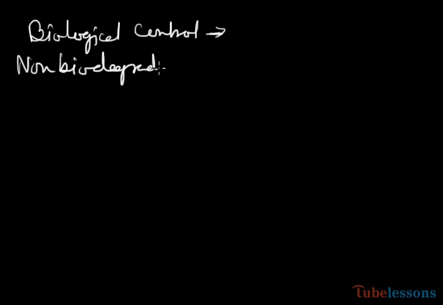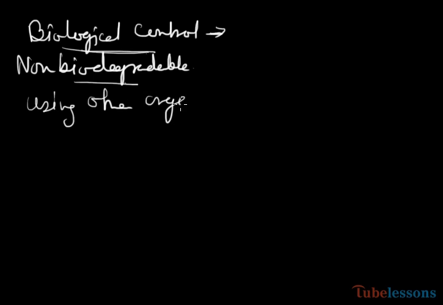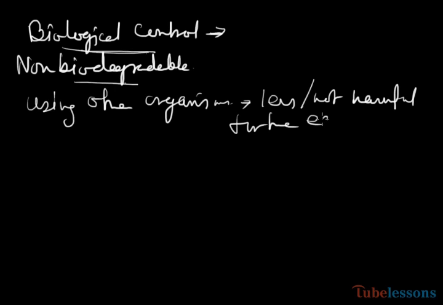But biological control involves controlling pests like insects, mites, and weeds using other organisms. So these are not at all harmful or less harmful for the ecosystem.